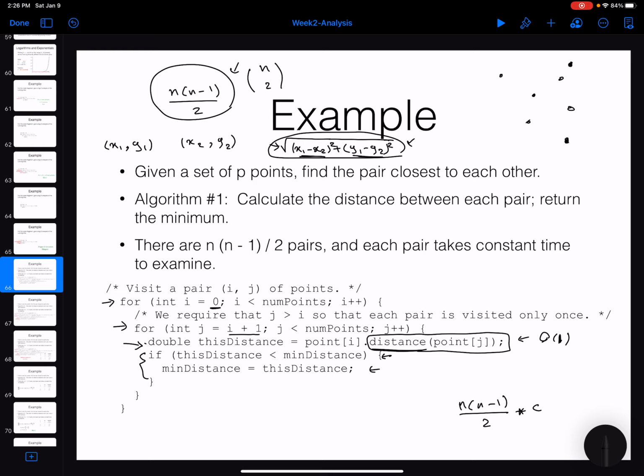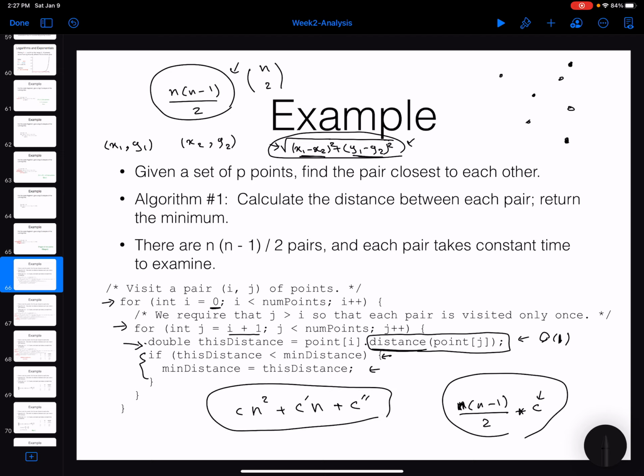So in total, it's going to be some constant amount of time multiplied by this many pairs. If you simplify this formula, you get something like n power 2 plus cn. It is clear that this formula is telling me that the time complexity of this algorithm is going to be n power 2.